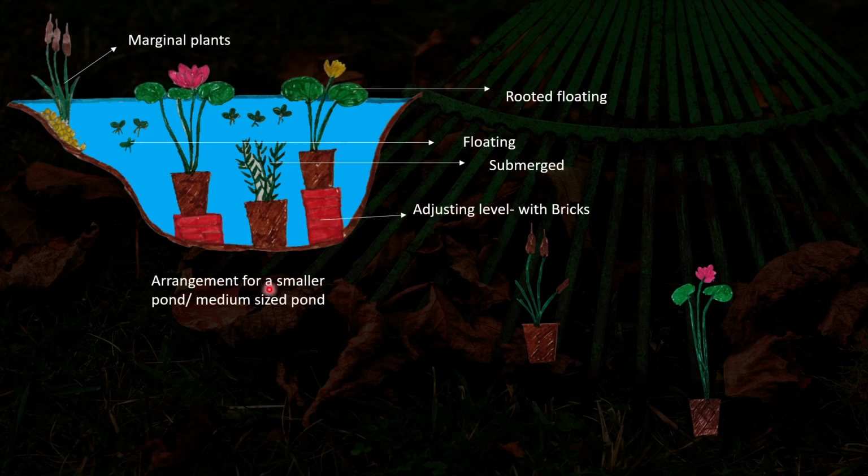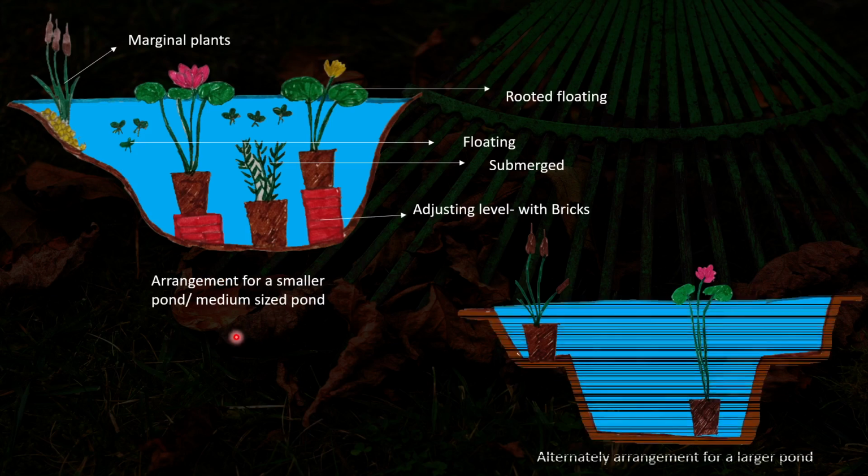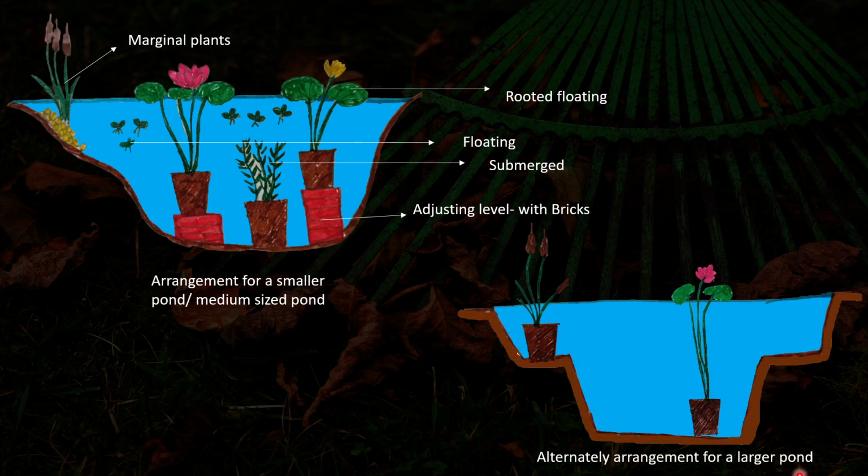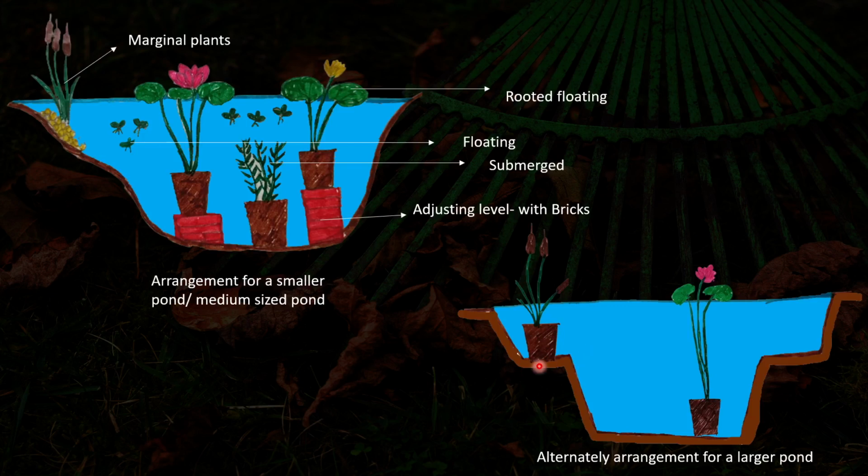So this is an arrangement for a smaller pot or medium sized pond, right? But for a larger pond, this kind of arrangement can be made. What is the arrangement? Here bricks are not used. In the place, this kind of zigzag pattern is done. So marginals can be placed here. The rooted floating ones can be placed here.